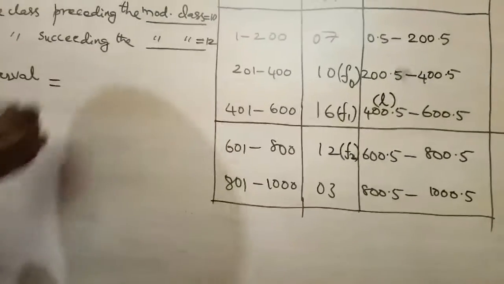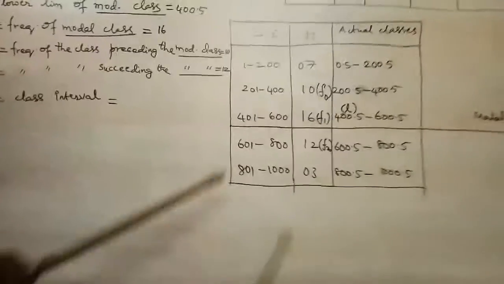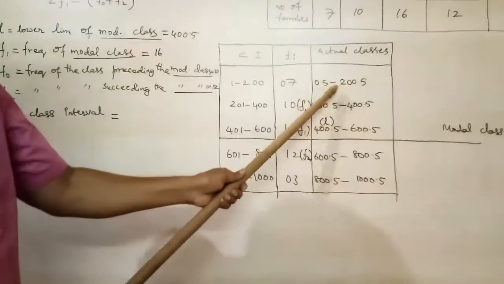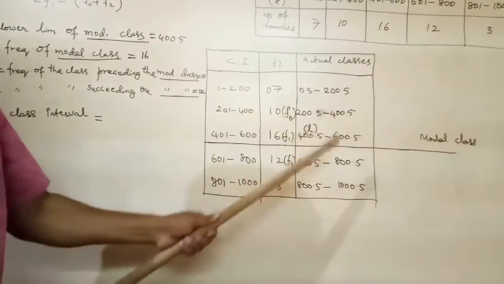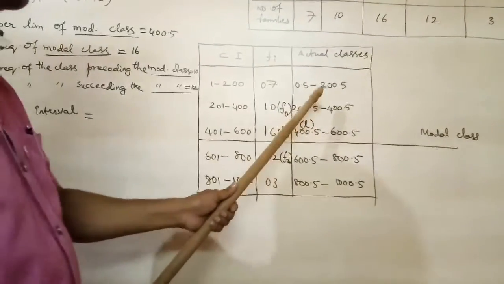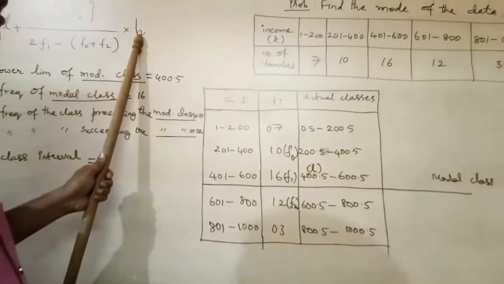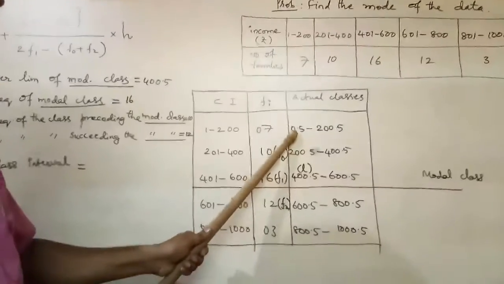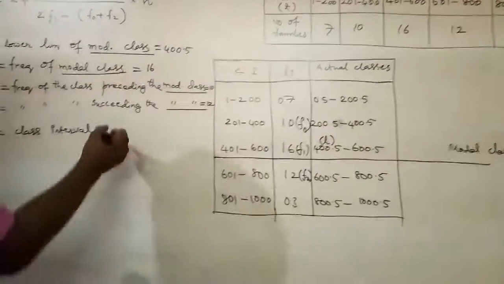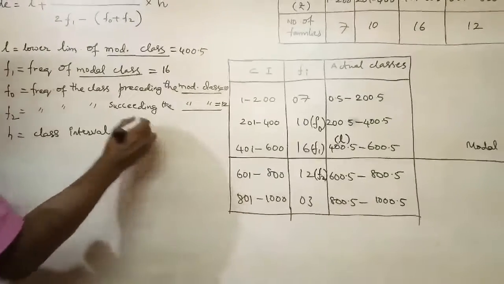Now we have to know the class interval. Class interval is the lower limit subtracted from the upper limit. We get H, or class interval, or height of the class: 200.5 minus 0.5 is 200. Therefore, this is the value of H.